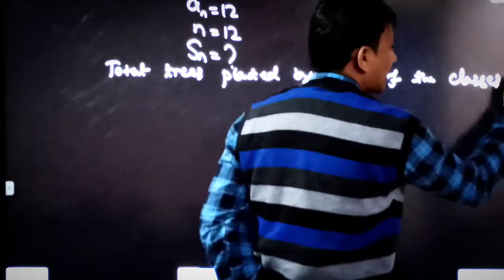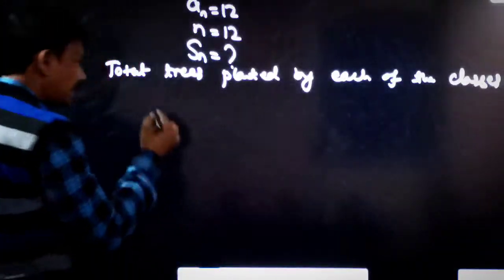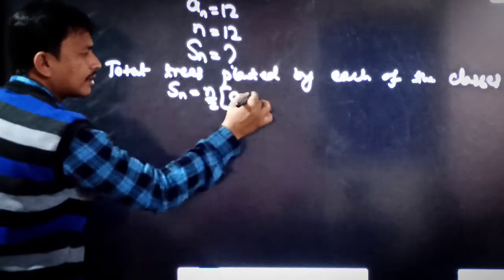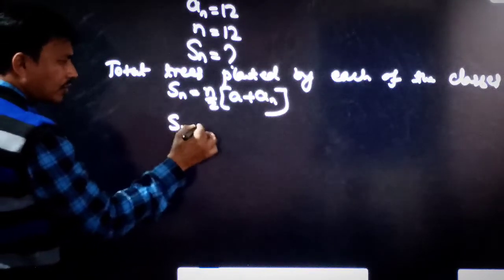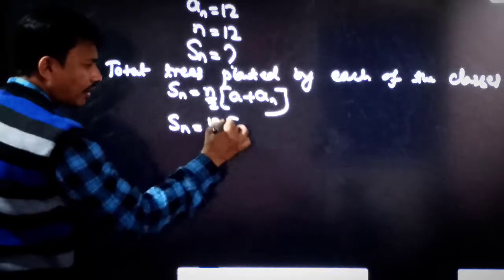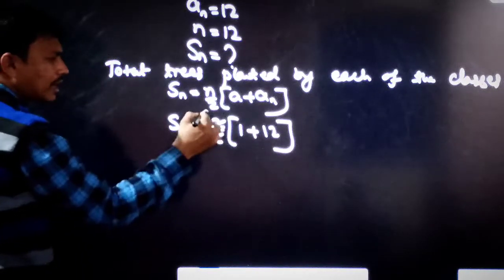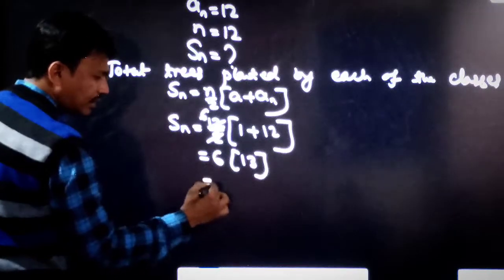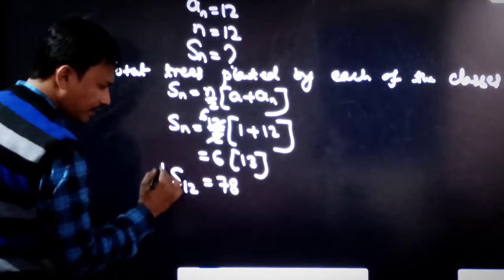Each of the classes means class 1 to 12. Sn is equal to formula n divided by 2 in bracket a plus an. Sn is equal to n value 12 divided by 2 in bracket 1 plus 12. 2 into 6 is 6, in bracket 13. 13 6s are 78. Yes, S12 is equal to 78.